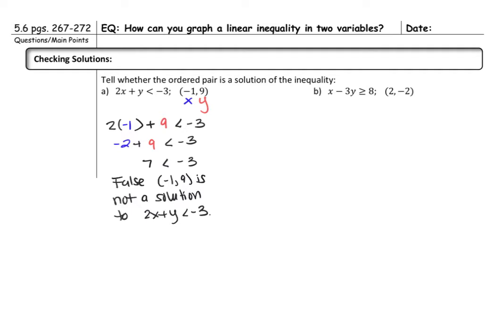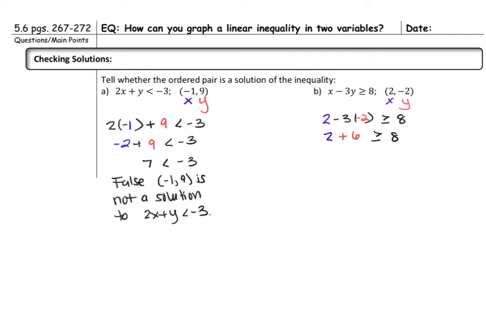We're going to do the same thing in letter B. So x again is going to be blue, y is going to be red. So we have our x, which is 2, minus 3 times my y, and my y is -2, is greater than or equal to 8. First, let's work on this multiplication. You want to watch your signs because we're going to distribute a -3 times a -2. So that would be 2 plus 6 is greater than or equal to 8.